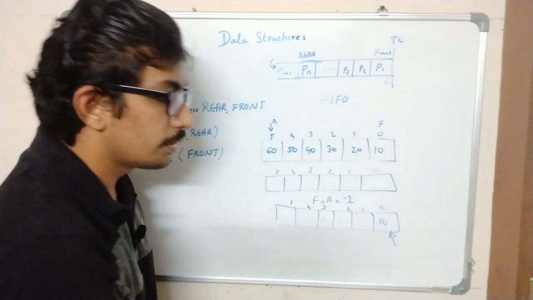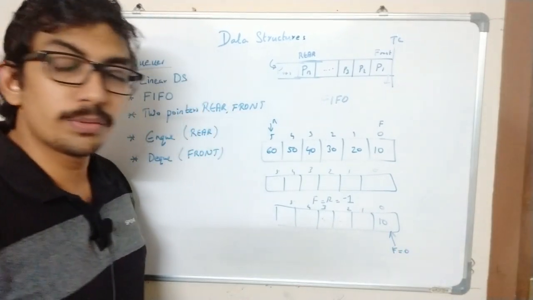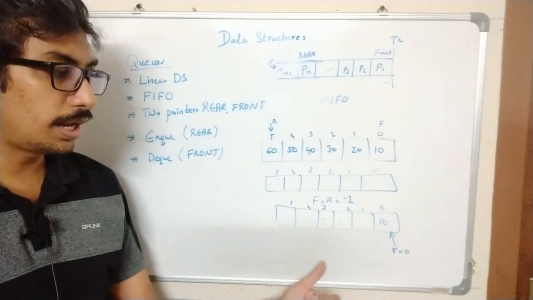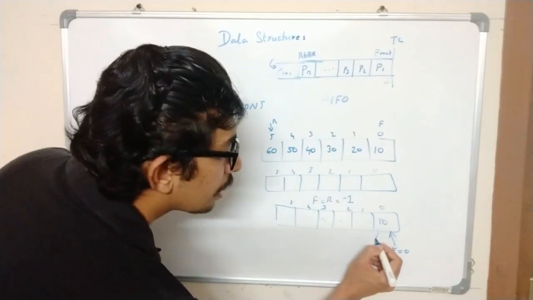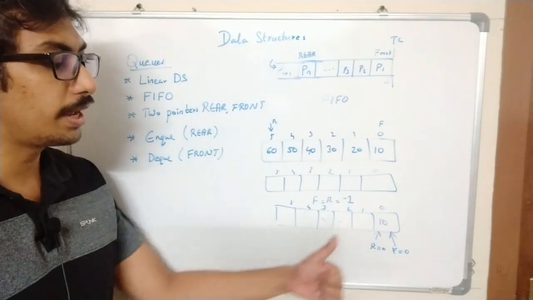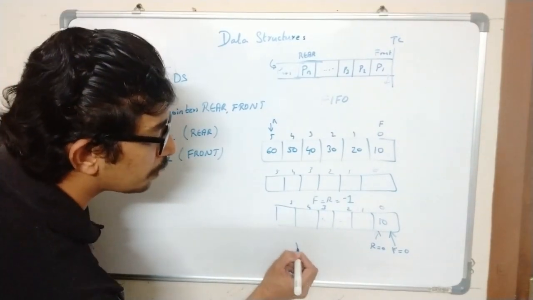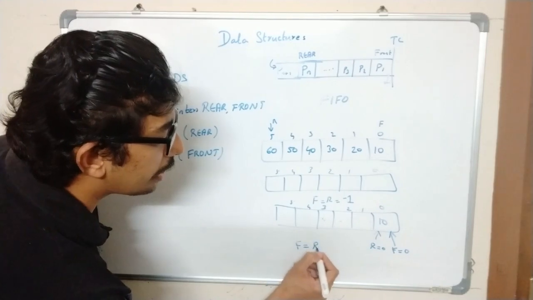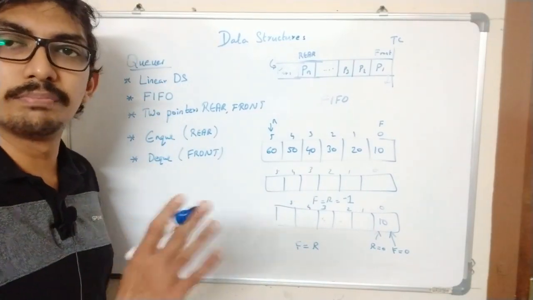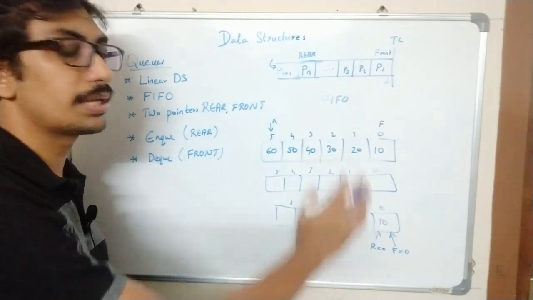It is 10, which means front is at position 0. And what about the rear end? If you consider this queue, the last person is also 10, which means rear is also pointing to that same position. So front and rear will be 0. Here you can generalize one more thing: whenever front and rear are pointing to the same location, it means there is only one element in the queue. Okay, that you can keep in mind.